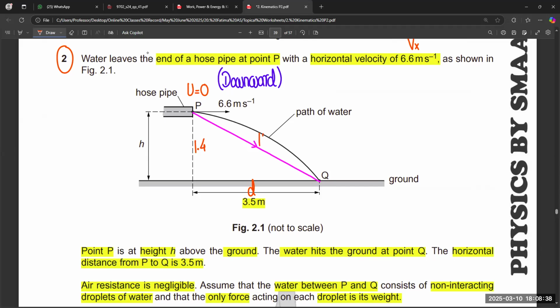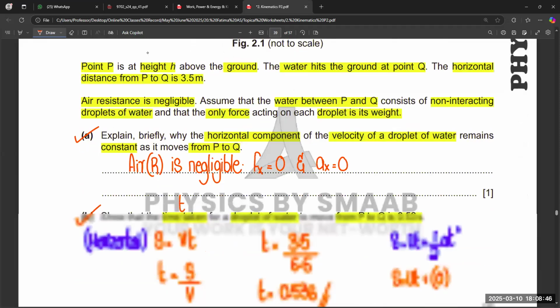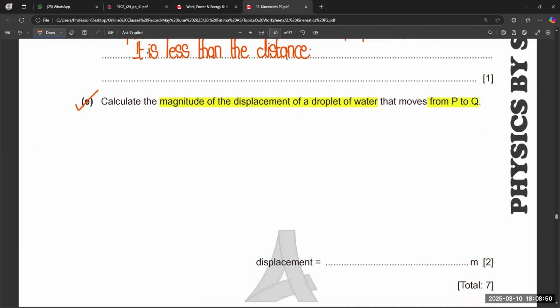So the hypotenuse is unknown. For a right angle triangle, we can find the magnitude of displacement using the Pythagoras theorem, with displacement on the hypotenuse.